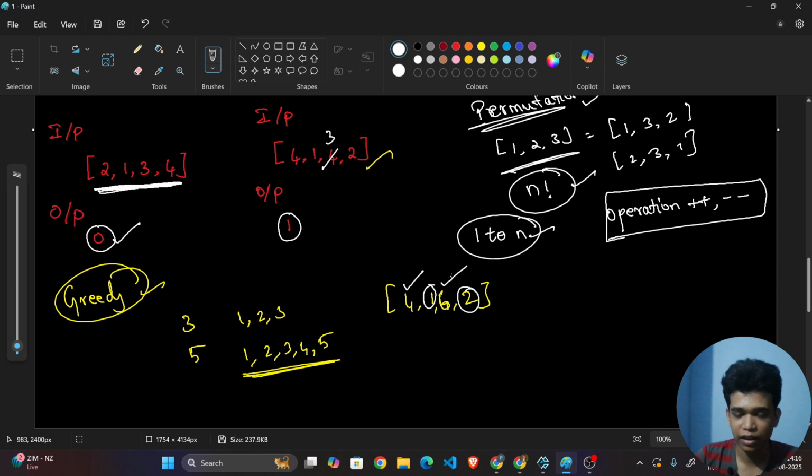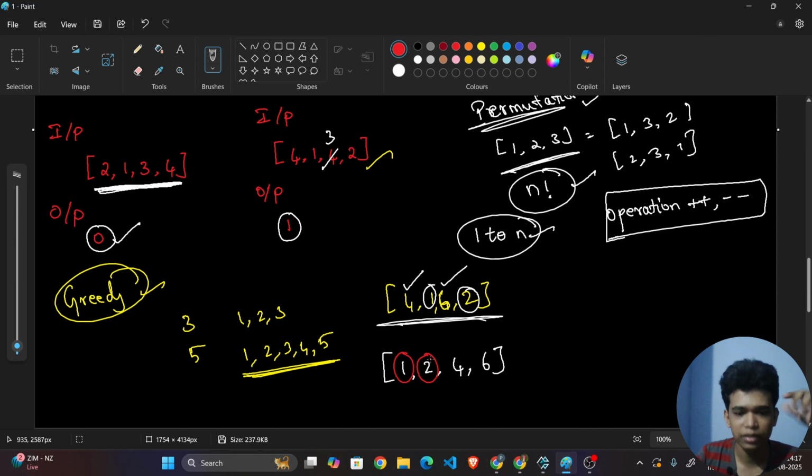So basically we will be sorting the given array. Then we will find the difference between them. If I take this array itself, I sort it and it will be 1 2 then 4 then 6. Now I iterate over them and check whether the first element is equal to 1. Yes.